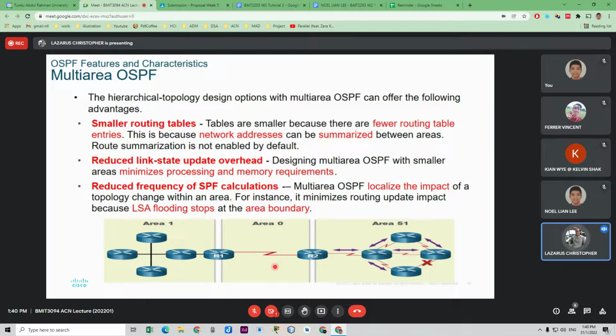Also, network addresses can be summarized between areas. This is one of the commands you can do in routers: route summarization. It's basically when several areas begin with a certain network address.